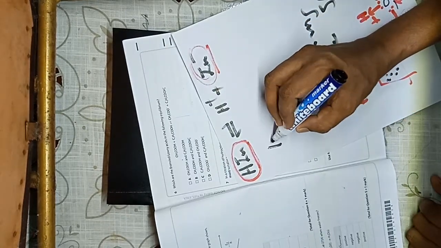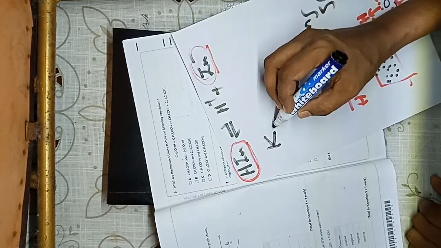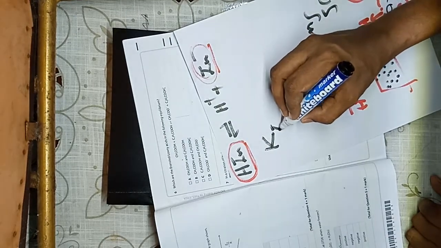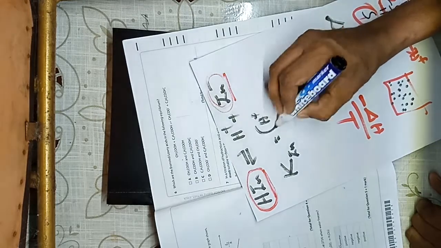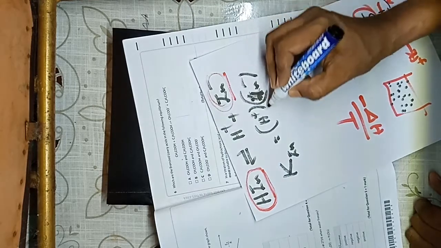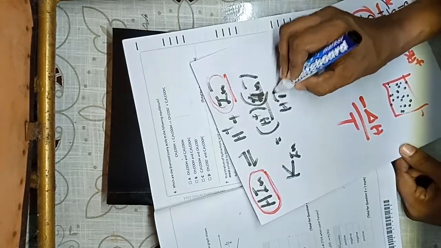Now mathematically, if the equilibrium constant of this HIn is Kin, then Kin equals [H+][In-] divided by [HIn].